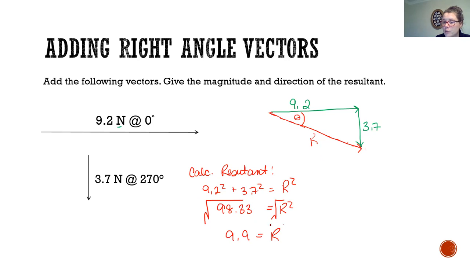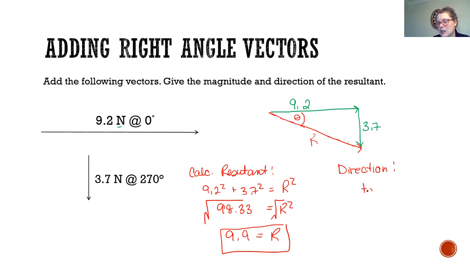So there's one part of our answer, but we're not done yet. That's not the whole answer. Now we need direction. To find our direction, we have 2 legs. We know the hypotenuse, but we calculated that. We might have made a mistake in it, but we didn't make a mistake in the other 2, unless we copy numbers over. So we're going to use tangent. We typically will always use tangent.